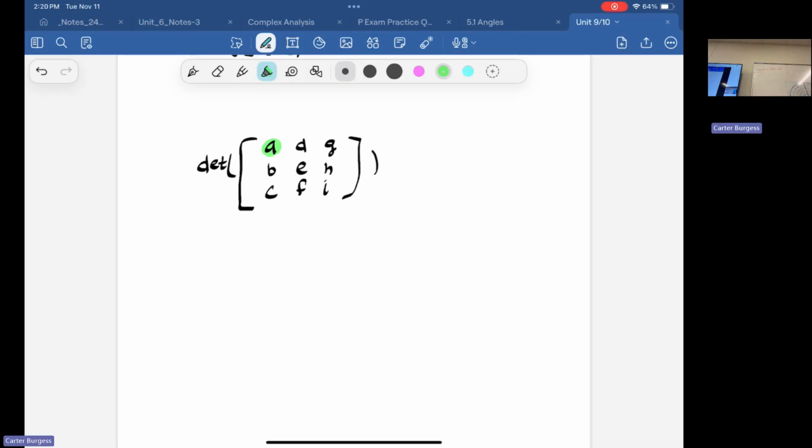In this case, what would the 2 by 2 matrix look like that doesn't share a column or row with A? E, F, H, I. Our first piece of this determinant is A times the determinant of E, F, H, I.